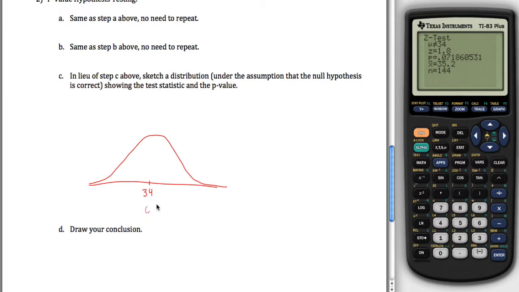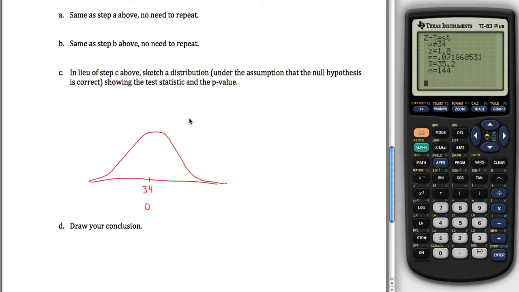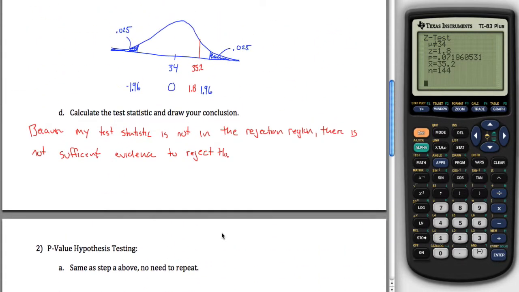And that has a z-value of 0. But our test statistic, which corresponded with a speed of 35.2, had a z-score of 1.8. So that's all information that I had on my picture up here.